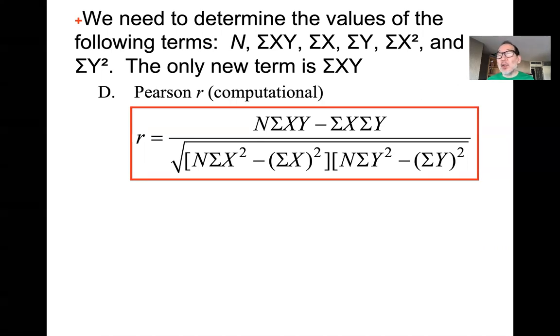It looks like a big old mess, but that's part of doing math, looking at something that looks like a big old mess and simplifying it. The only new term really is the sum of xy. That's going to be the unique thing; everything else is fairly straightforward. That's probably the one that involves the most work, which is why it's called the only new term.